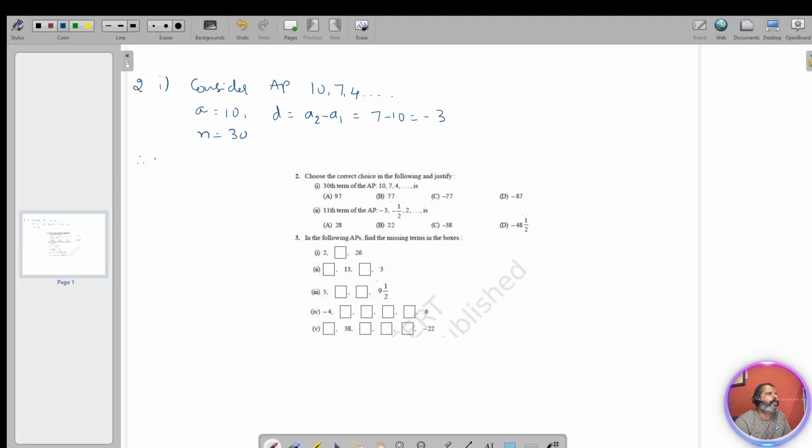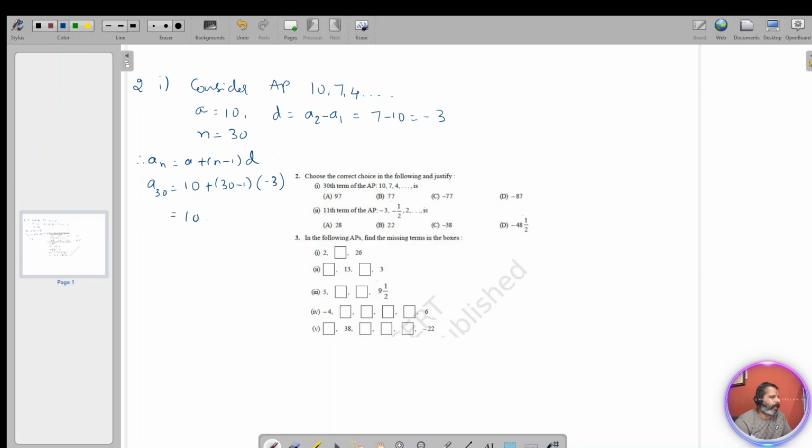Therefore, first write the formula, then we substitute it. a_n is equal to a plus (n minus 1) into d. For a_30, a is 10, n is 30, 30 minus 1, and d is minus 3.